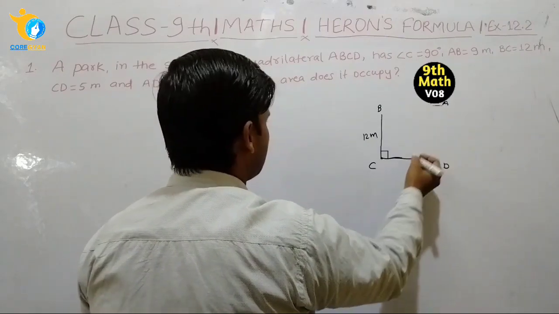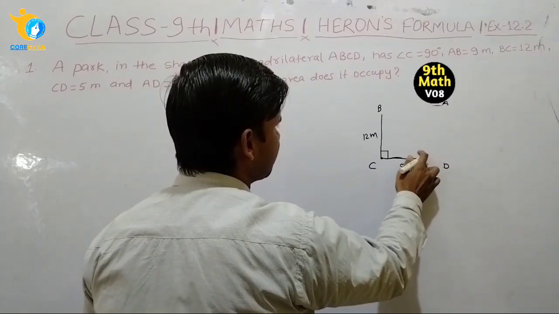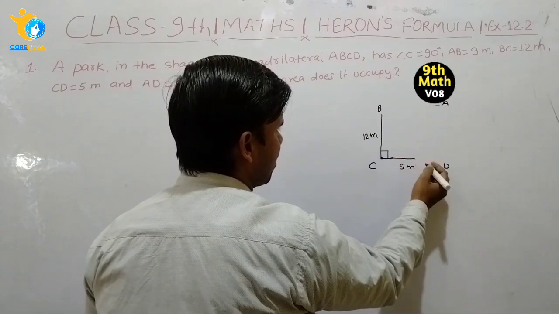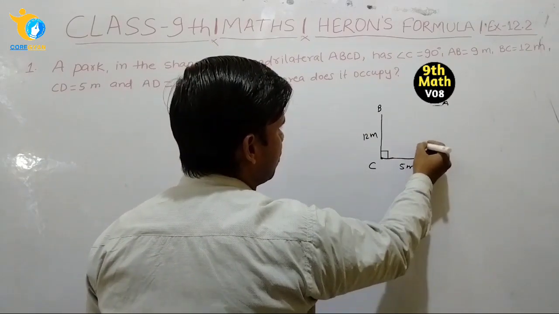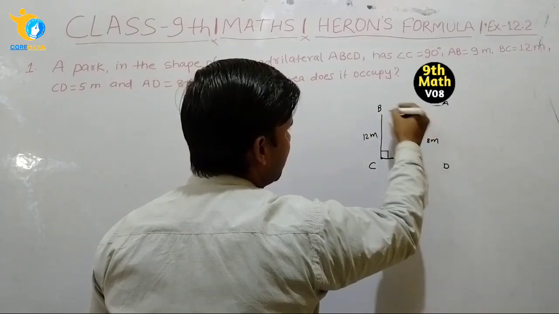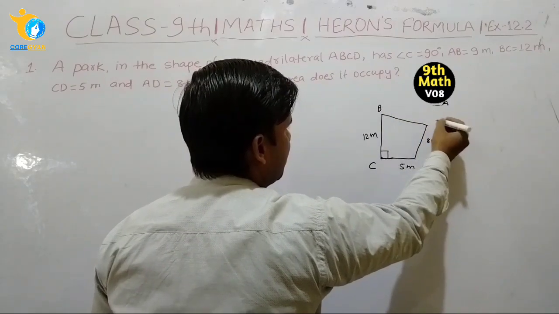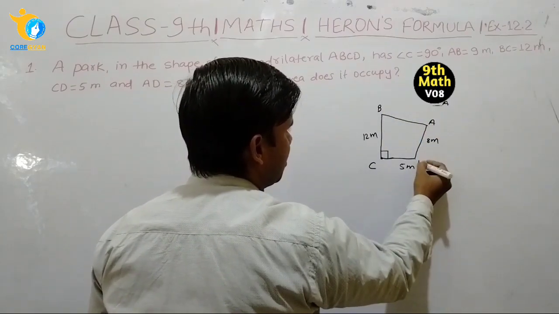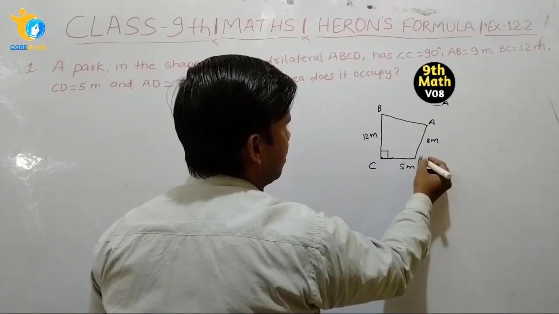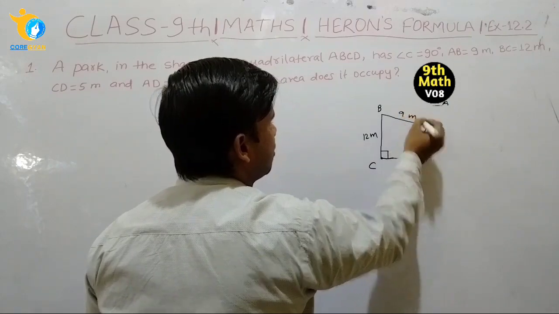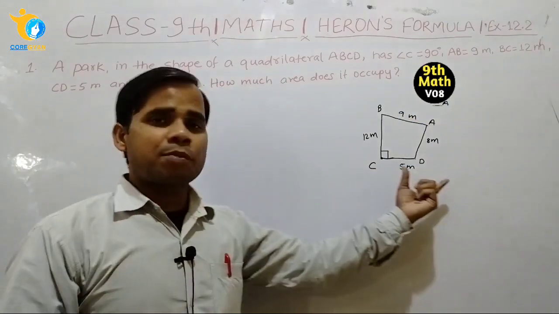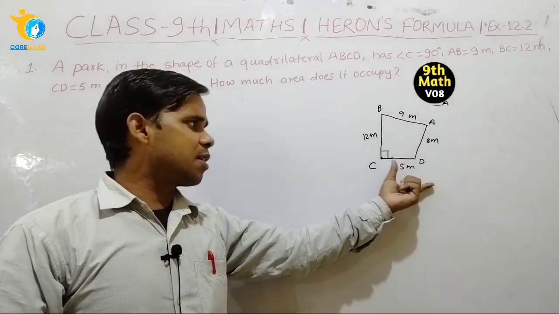CD is 5 meters and AD is 8 meters. So this is the figure of the given quadrilateral park.